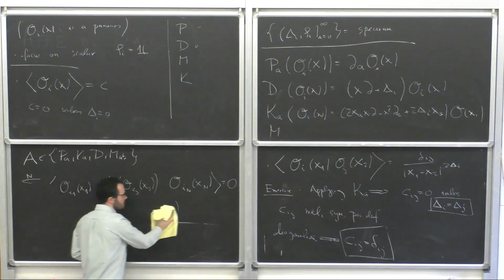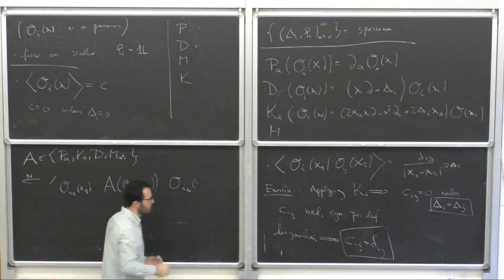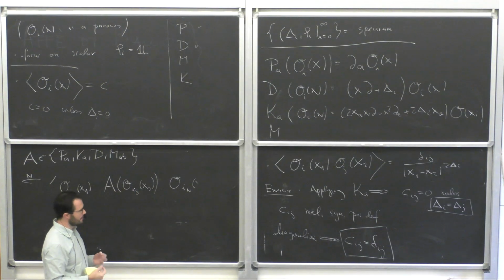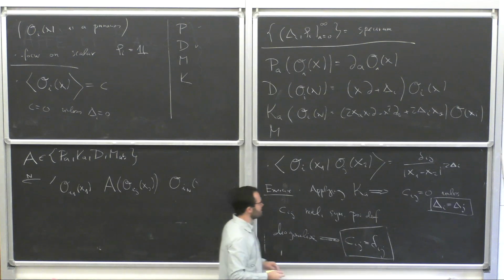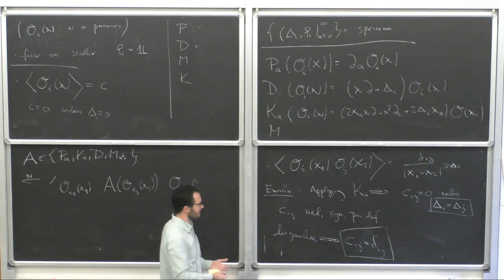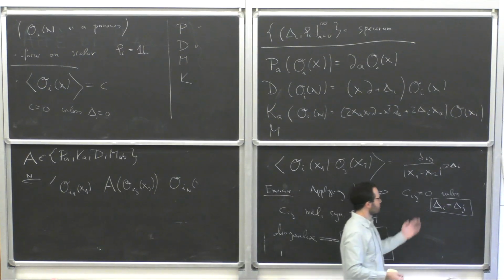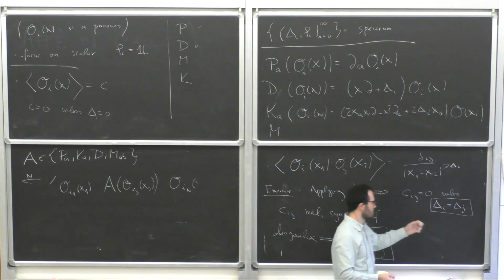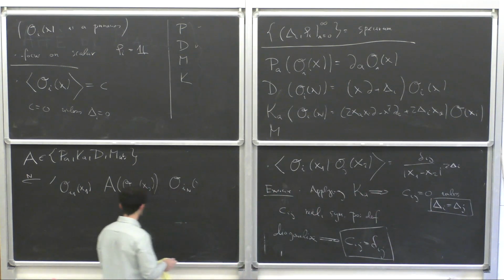Okay, so this is basically the first point where you see that conformal symmetry is physically stronger than just scale symmetry, because with scaling symmetry we couldn't reach this conclusion that delta has to be equal to delta j.